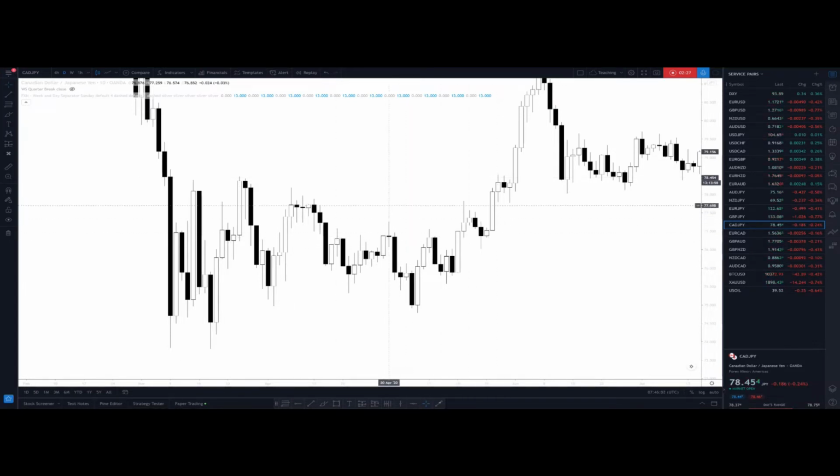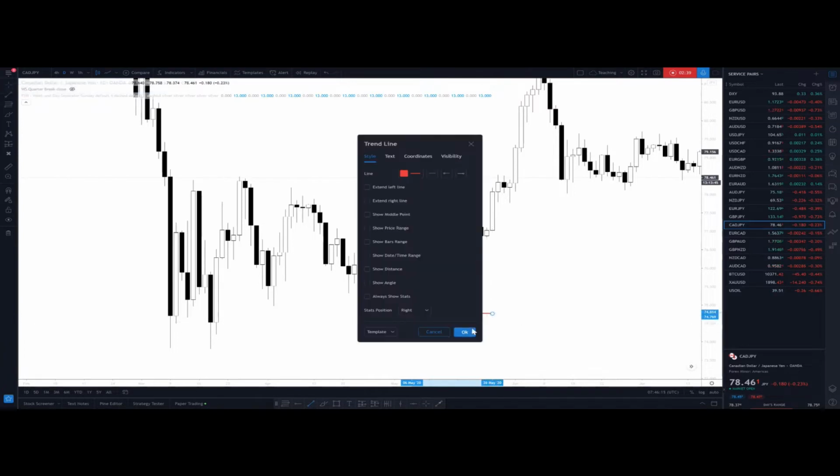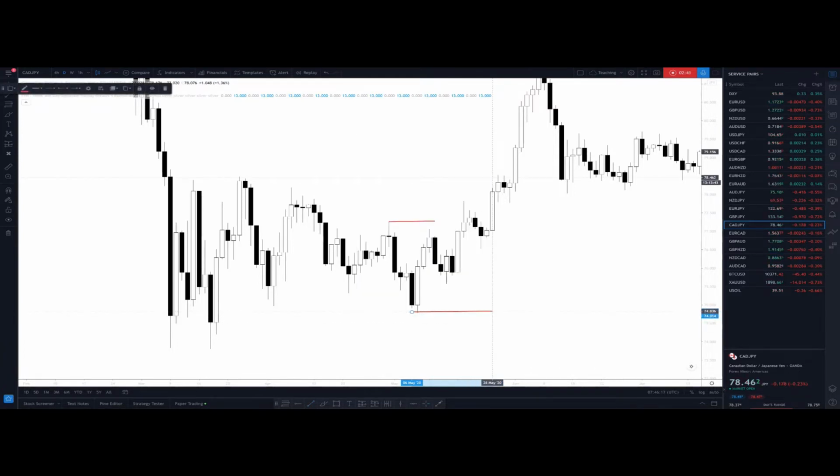You want to identify your current swing high and your current swing low in the market. So anytime you sit in front of the screen, what you want to do is identify your current swing high and swing low. If you can't identify this, then go back and watch your very first lesson, which is swing highs and swing lows.